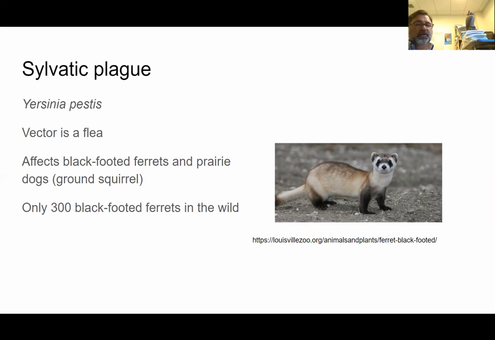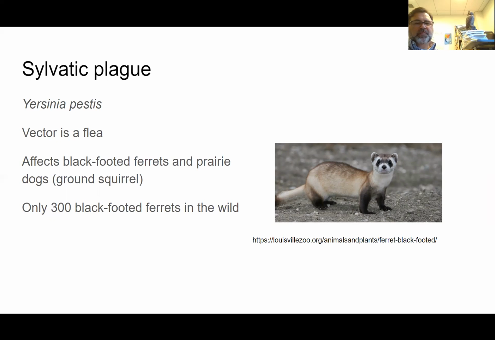In the U.S., it affects wildlife, and it really hammers prairie dogs and black-footed ferrets. When it gets into a prairie dog colony, it can wipe it out. And prairie dogs are important. Prairie dogs are not dogs. It's a social ground squirrel, not a dog.